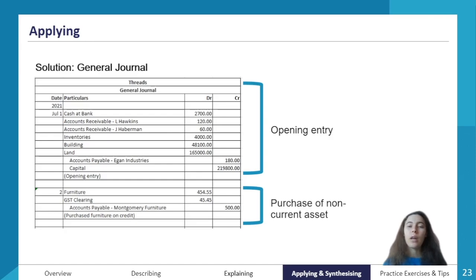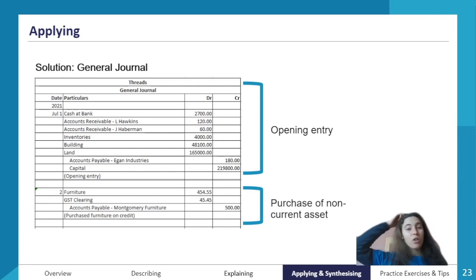So let's now have a look at what each of these look like in our general journal. That first bit of information from July 1 that you would have seen is our opening entry, which is something that is specifically mentioned in the syllabus that you need to be able to do. It's really easy to forget this step, particularly when it's not as explicit as it was in this case.